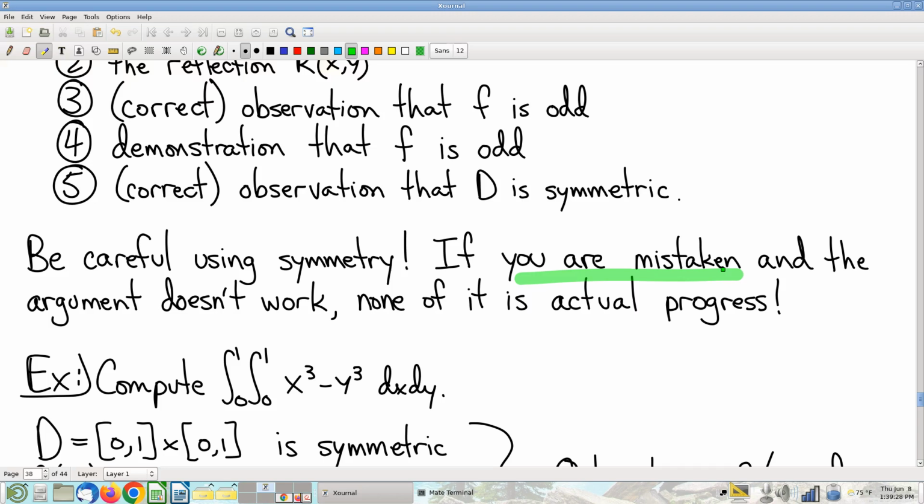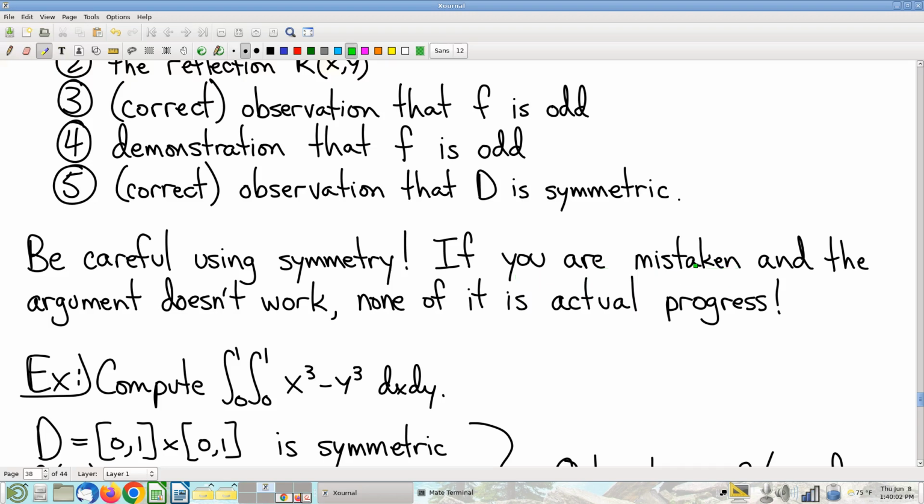So you get 4/5 of nothing. If the argument can't work, then it's not progress toward a valid solution. So be double sure. Don't just whip one out. Take your time, take a breath, look at it very closely and make sure that the symmetry argument actually works before you use it.